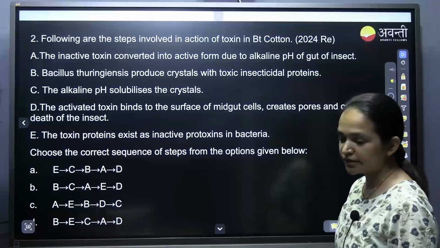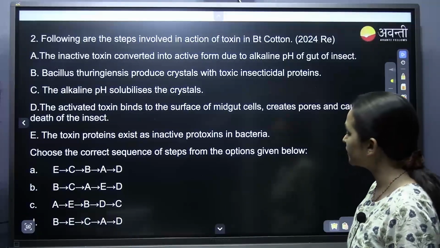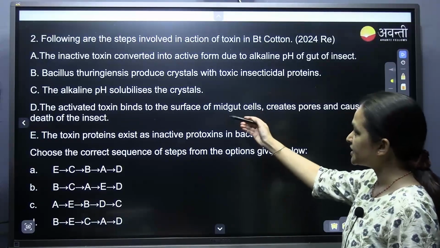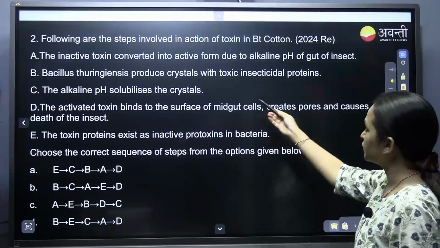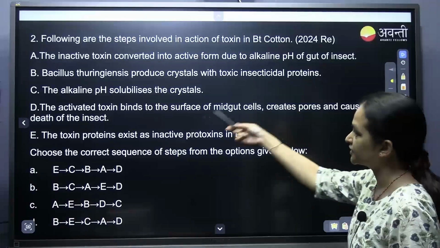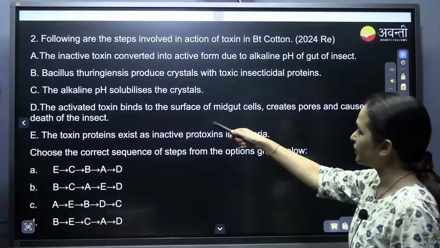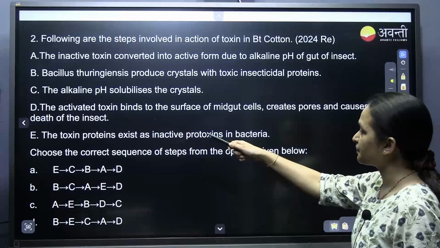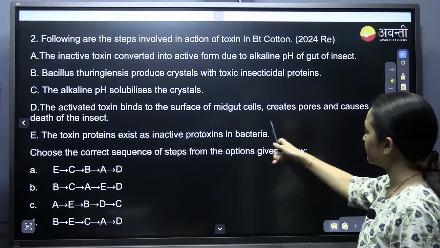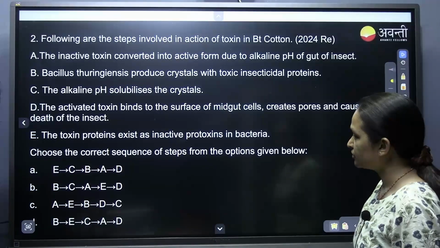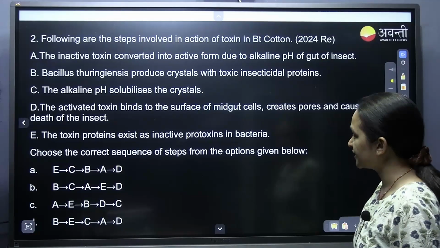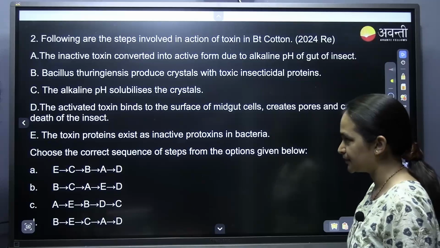So read the statements and tell me the sequence. The inactive toxin converted into active. The Bacillus produces crystals with toxic insecticidal proteins. The alkaline pH solubilizes the crystals. The activated toxin binds to the surface of the midgut cells, creates pores and causes death of the insect. The toxin proteins exist as inactive toxins in bacteria.